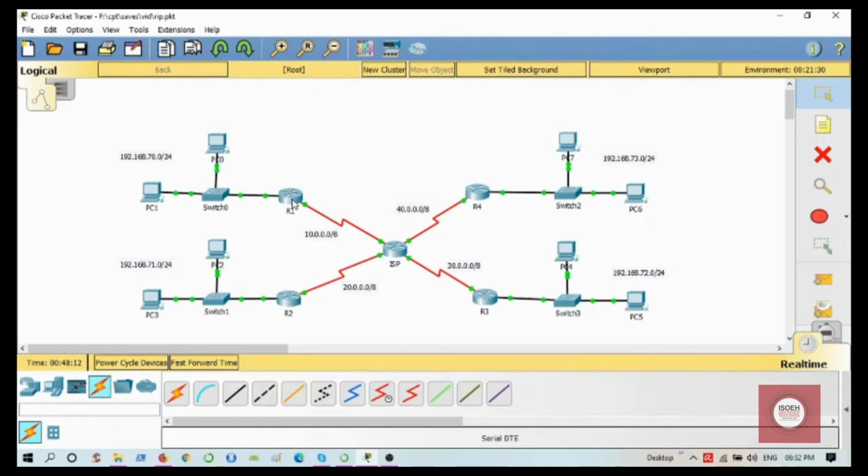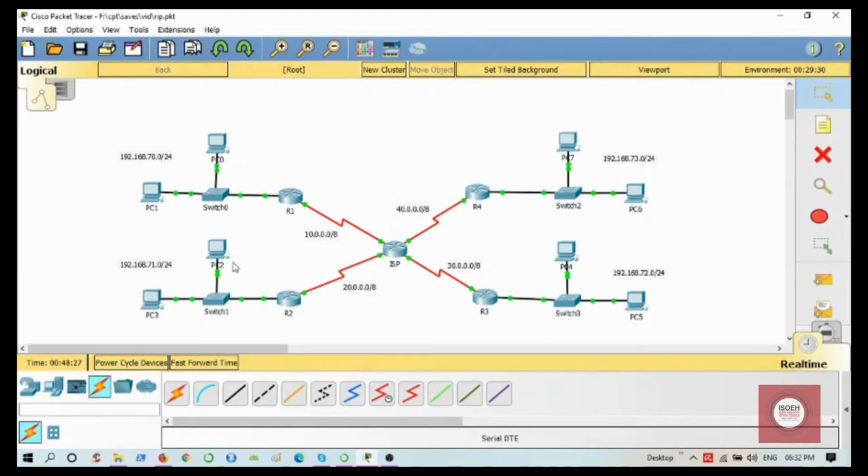Now router R1 is connected to this local area network 192.168.70.0, and also it is connected to this network 10.0.0.0.